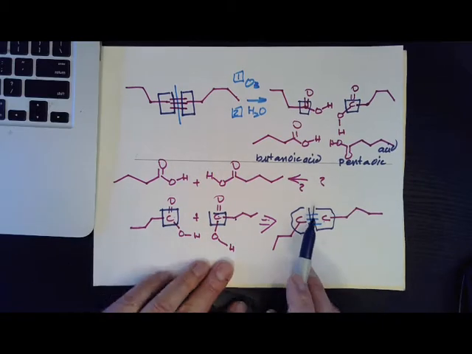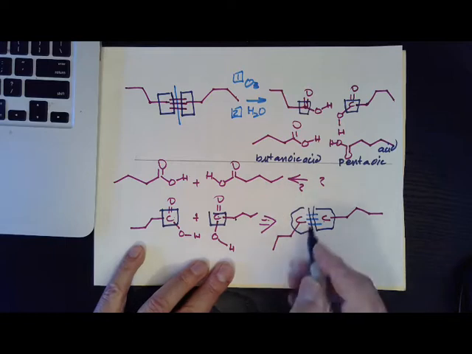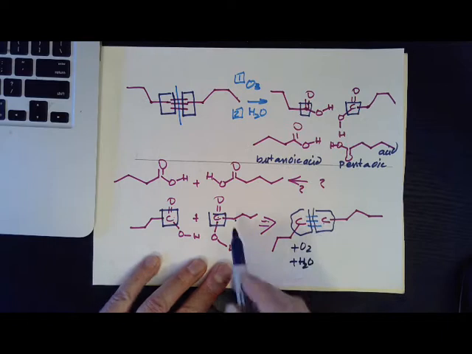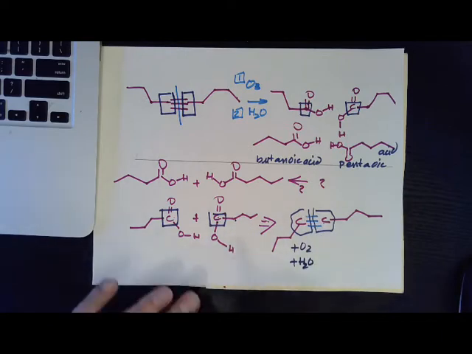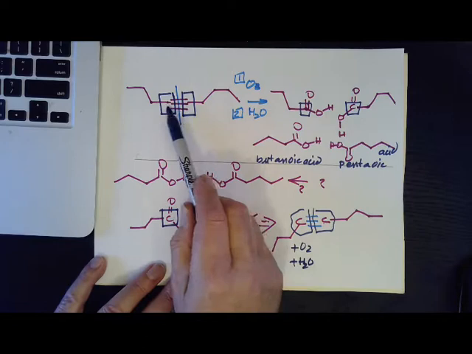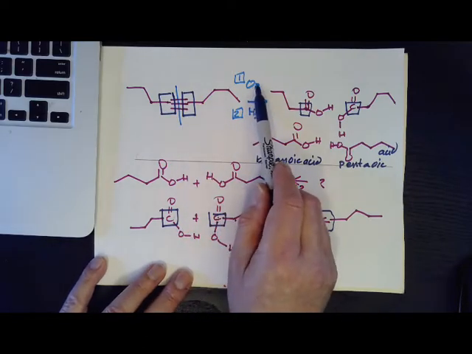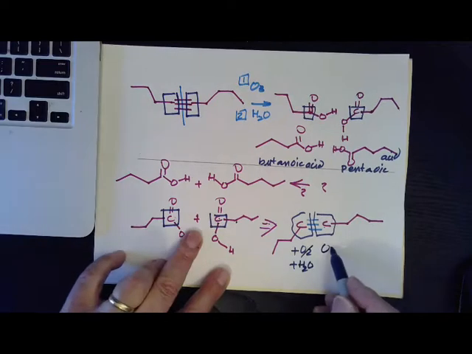And when we add ozone and water to this triple bond, we make these 2 carboxylic acids. So it's sort of the reverse. If I have the triple bond here, add oxygen, I said oxygen, I mean ozone, sorry about that.